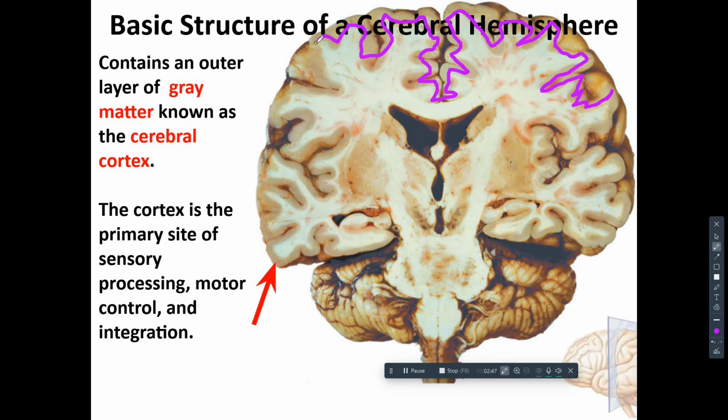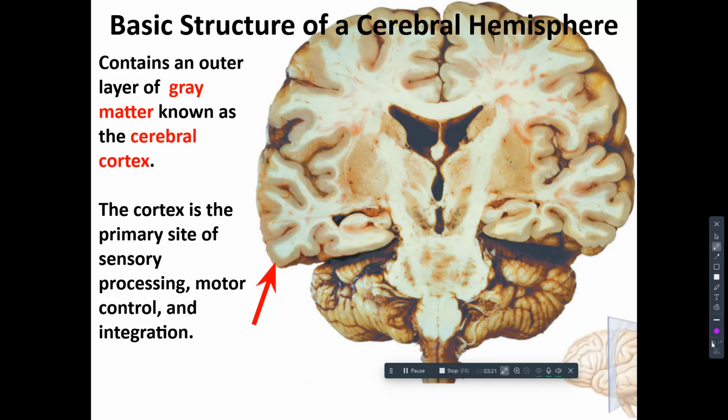Gray matter, of course, is made out of neuron cell bodies, dendrites, as well as unmyelinated axons. Now, it's actually in the cortex that we're doing those major cerebral functions: movement control, sensory processing, integration, thinking, all that good stuff is happening in our cerebral cortex, which is this outer layer of the cerebrum.